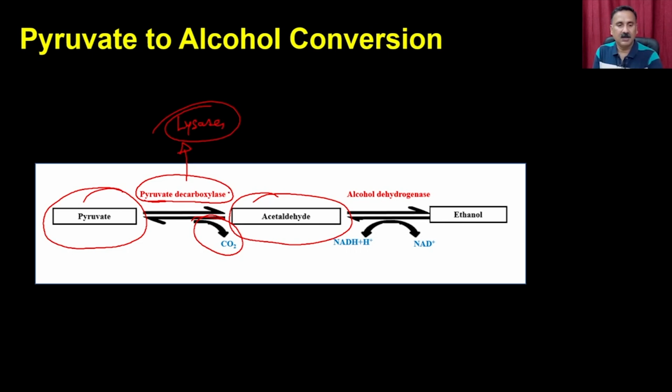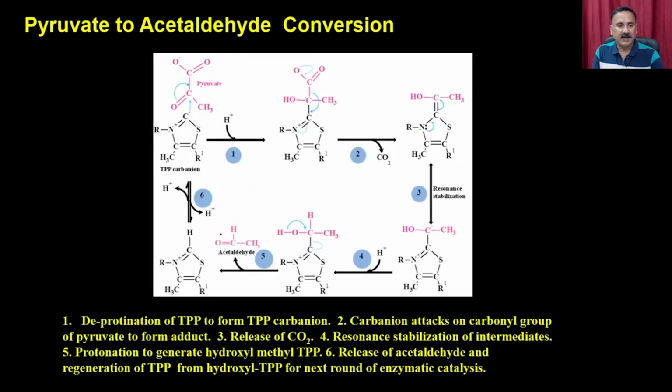So, let us see how pyruvate decarboxylase catalyzes these reactions. The pyruvate decarboxylase mediated conversion of pyruvate to acetaldehyde is a 6-step reaction. In step 1, there is deprotonation of TPP to form the TPP carbonium ion.